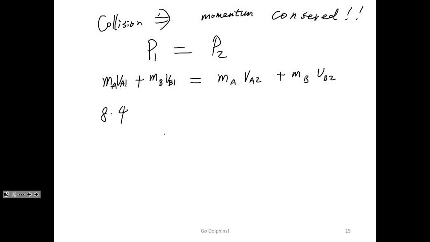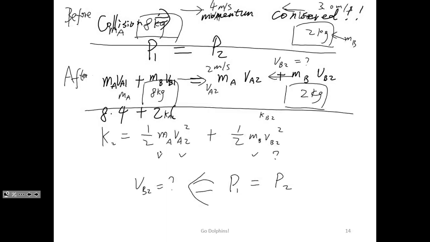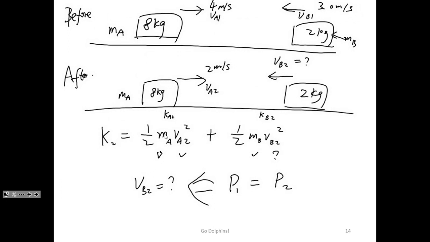8 times 4 plus 3 times, the mass is 2, 2 times, okay. Now this time we need to go back and double check the velocity of MB. We chose this to be our positive x.